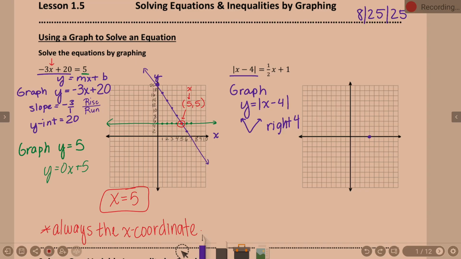Yeah. And it's just what? 1 and 1, yes? Over 1, up 1, over 1, up 1, over 1, up 1. Now, A, so I can draw straight lines, but B, because I need to find some intersection points, I'm going to make lots of dots.